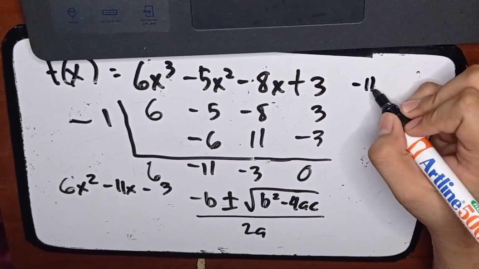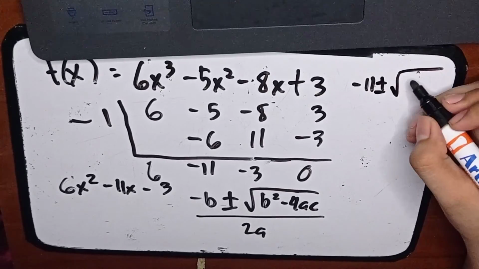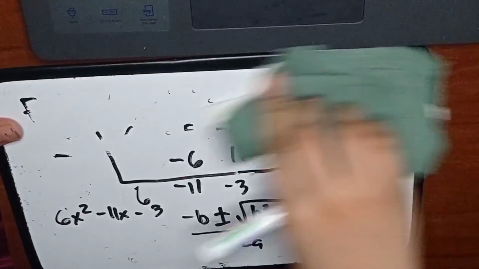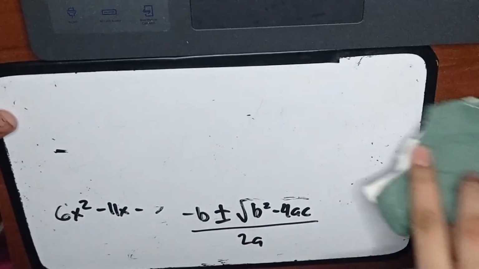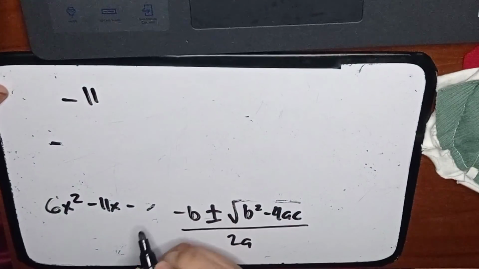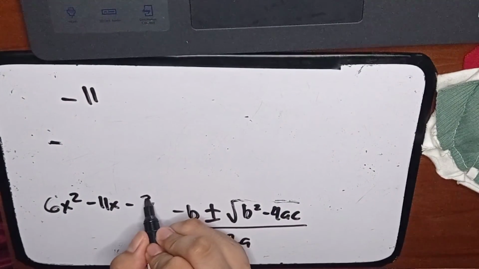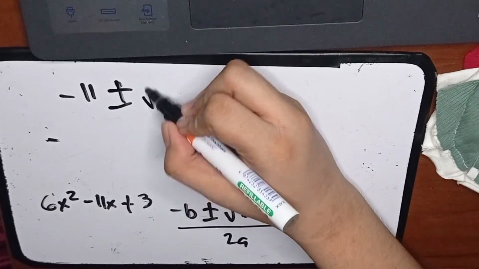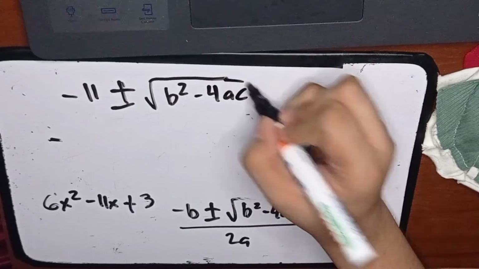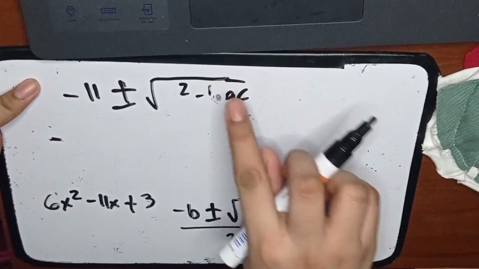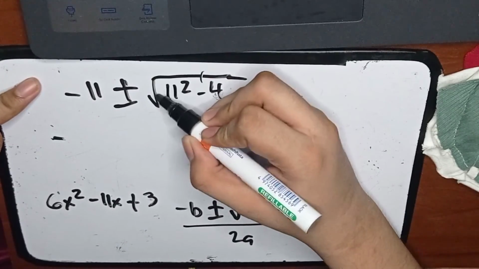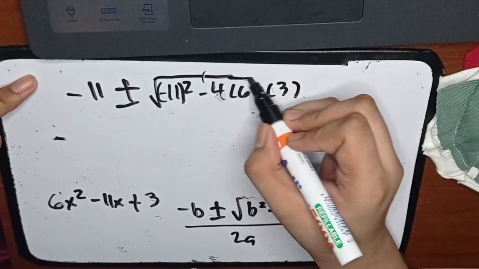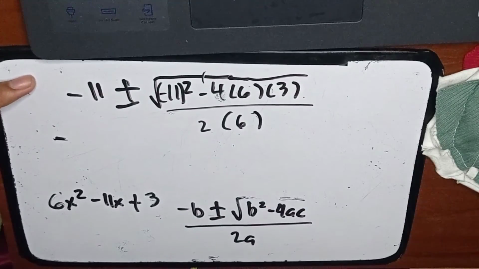Negative b, negative 11, plus or minus the square root of negative 11 squared minus 4 times 6 times negative 3, all over 2 times 6. We're just going to simplify this one.